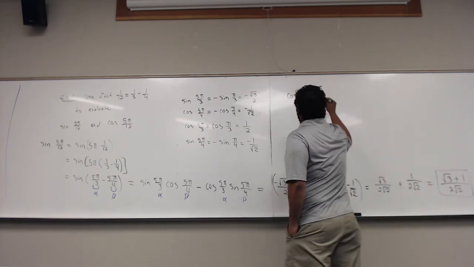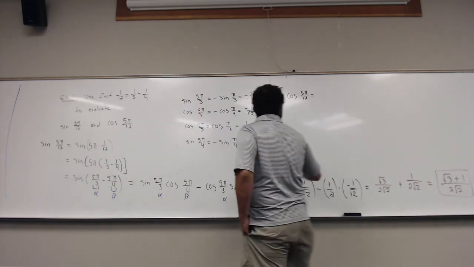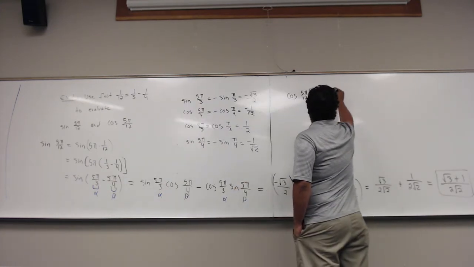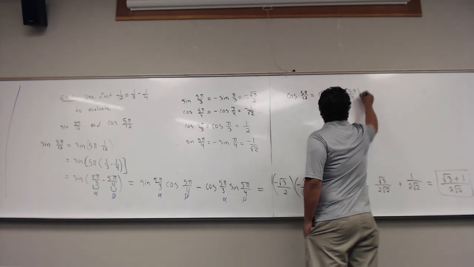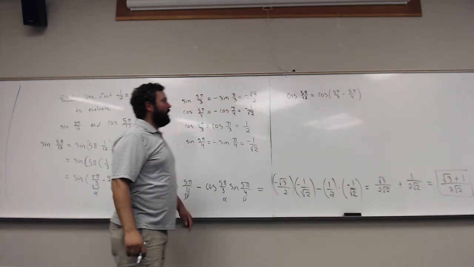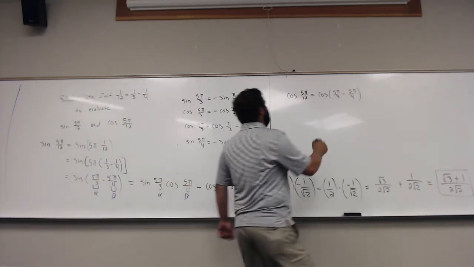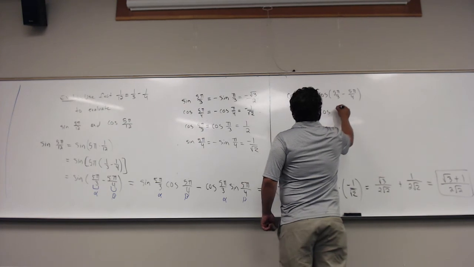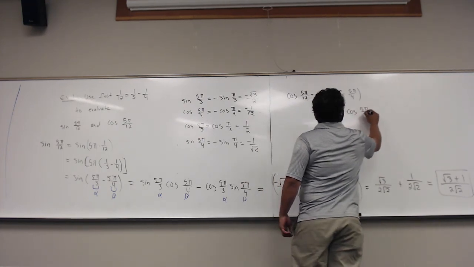Now for this one, we already simplified the 5 pi over 12 as 5 pi over 3 minus 5 pi over 4. So we'll start with that. So it's going to be cosine of the first angle times cosine of the second angle.